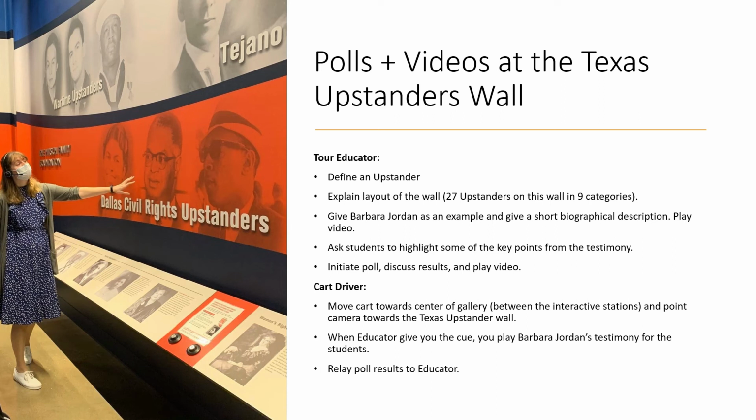After that very brief description or biography, you once again will prompt your cart driver to play a video testimony of that upstander. And once the video has completed, discuss with the students. What did they see? What did they notice? What stood out? Why is this person considered an upstander, do they think? Again, be interactive. Encourage students to get their voice out there, to be heard.